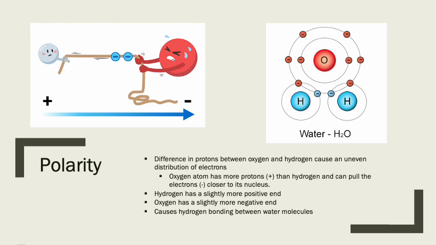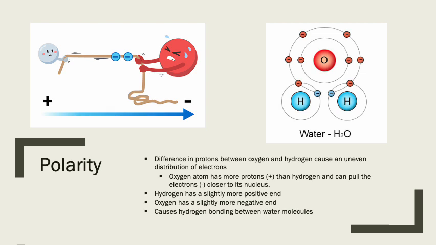So if you look at this model that looks like the upside down Mickey Mouse, you can see all the electrons in this bond are close to the oxygen and away from the hydrogen. There are no electrons on the outside of the hydrogen. So that means the negative charge leans towards the oxygen side. If the negative is leaning towards the oxygen side, the only thing left to lean the other way is the positive.